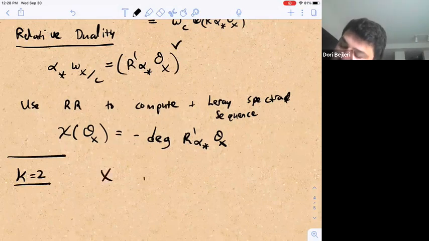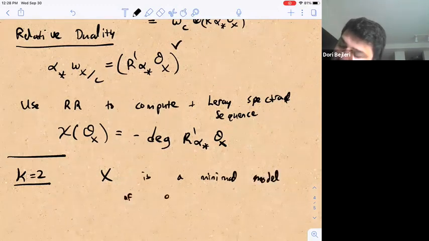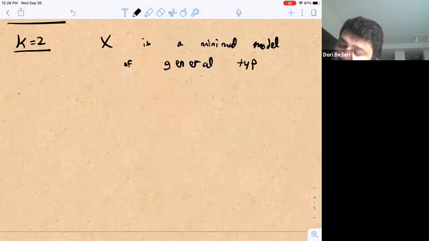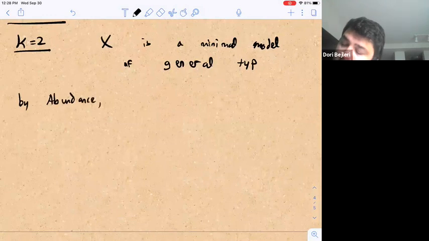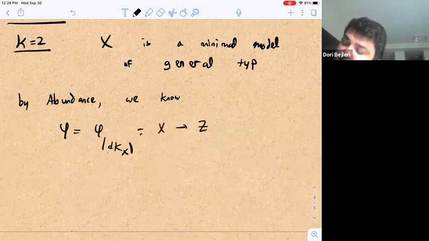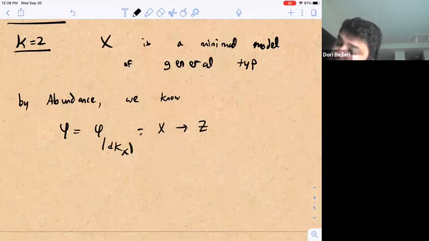So let's say X is a minimal model of general type. Then, by abundance, we know that we have a base point free linear series that maps X onto some Z, where now the dimension of Z is 2.